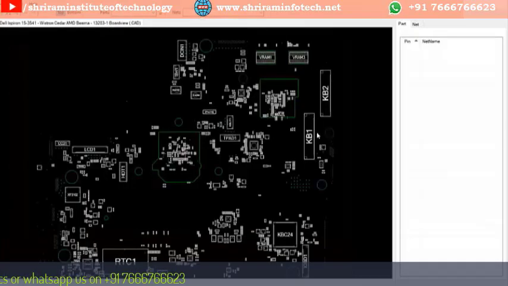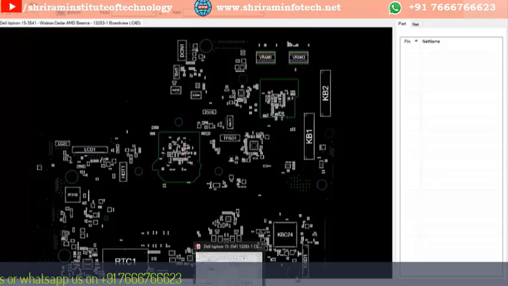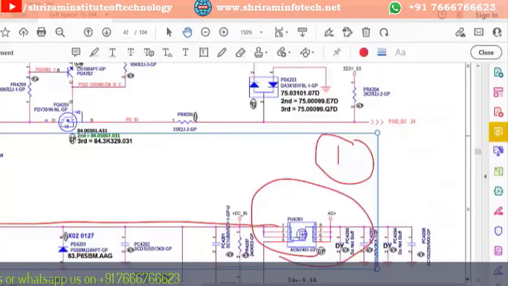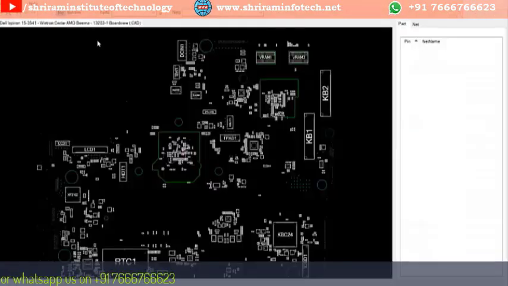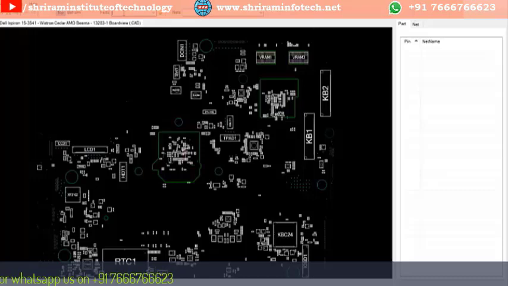Now what we have to do is find where this MOSFET is located. The MOSFET number is PU4201. So we have to come here and type PU4201, right?